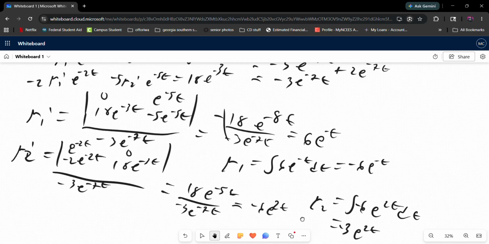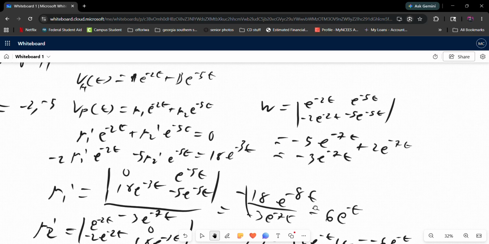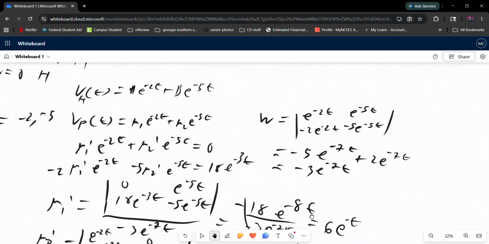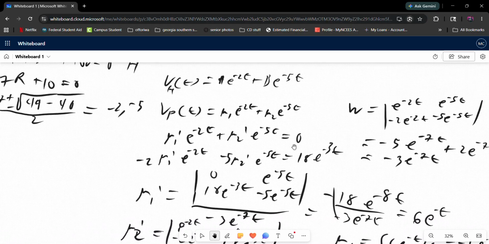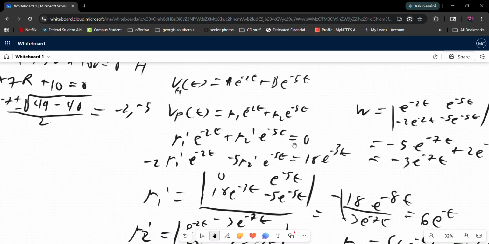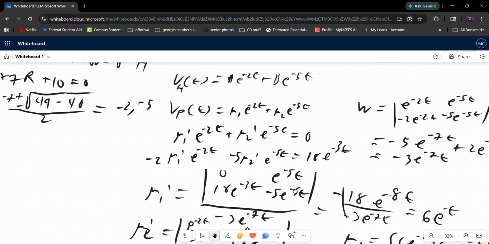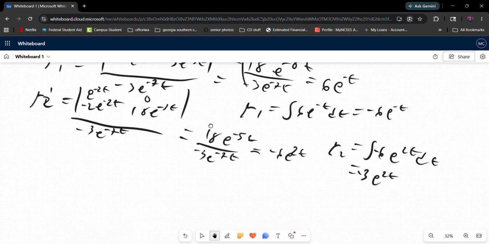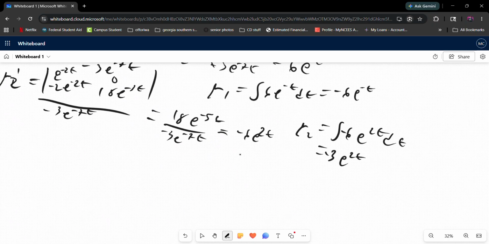Now we just plug them back in, because remember, we assumed the particular solution was mu1 times y1 plus mu2 times y2. So e to the negative 2t. That means the particular solution v_p of t is going to be mu1, negative 6 e to the negative t, times e to the negative 2t.